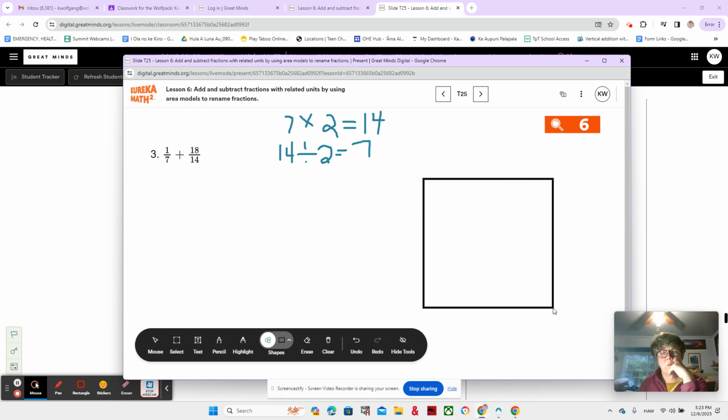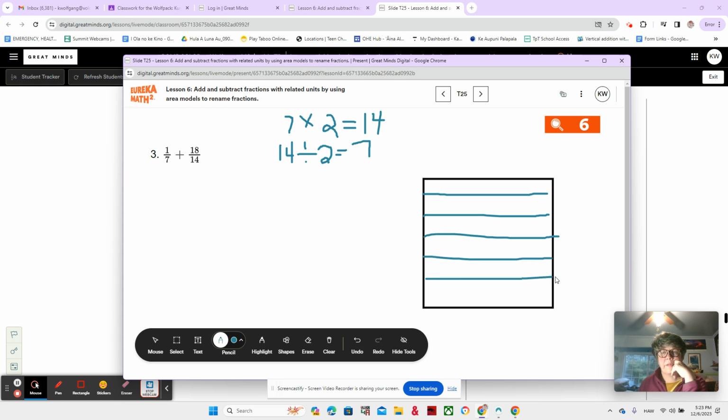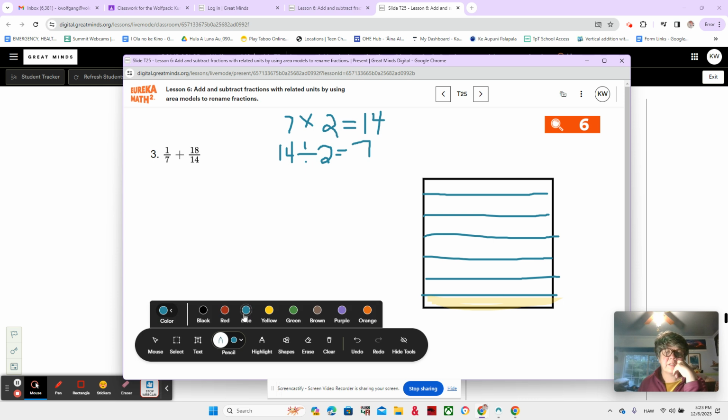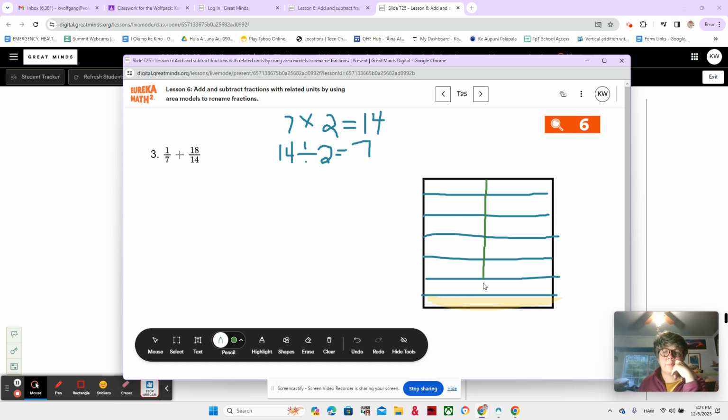So let's make one model, and let's break it into 7 parts with 6 lines. 2, 3, 4, 5, 6, and I only need one of those, 1/7. And how many 14ths would that be? I can just make it into 14ths with one line, decomposing it into 14 pieces.